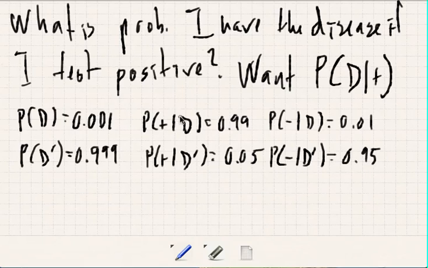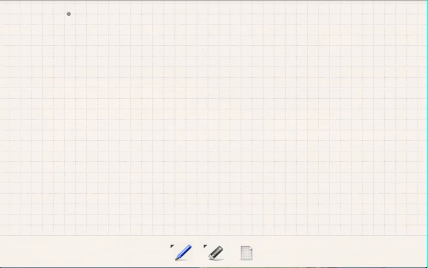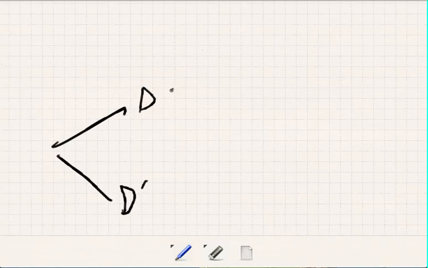Alright, let's take all of this information and put it together into a probability tree. Now the partition is having the disease or not having the disease. After that, we're given probabilities that you test positive or negative.